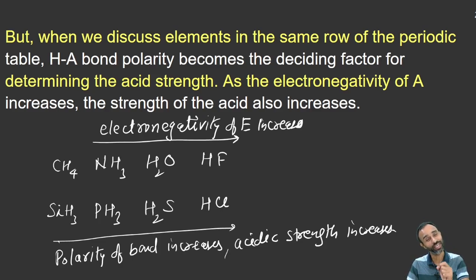But again, there is a trick that if we go along the period, we take into account electronegativity, and electronegativity along the period increases, and that will increase the polarity of the bond, and therefore acidic strength increases.